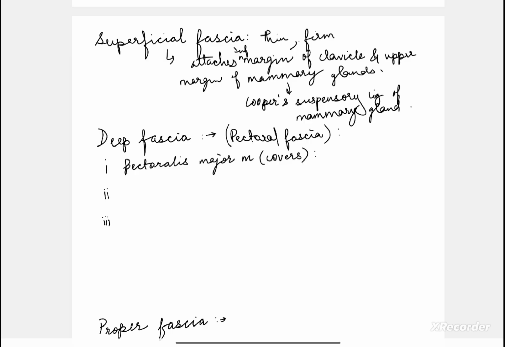And this pectoralis major muscle is divided into three parts, which are clavicular, sternocostal, and abdominal.